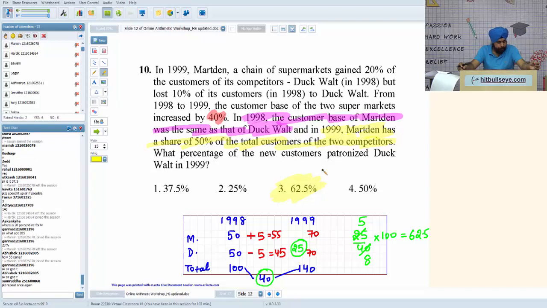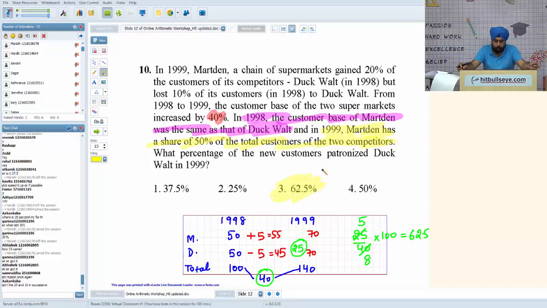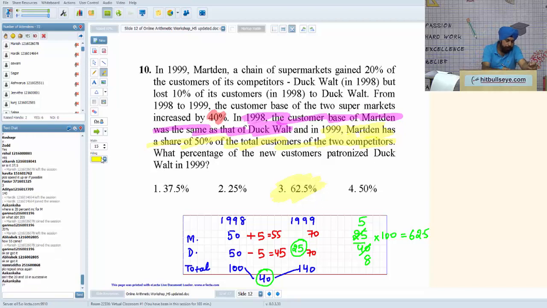Right, students? Yeah, Samruddha, we take the original base to be 100. So they have equal market shares. So that gives it 50 and 50. Now M acquires 20% customers of the competitors and loses 10%, and the total is the same in both cases.